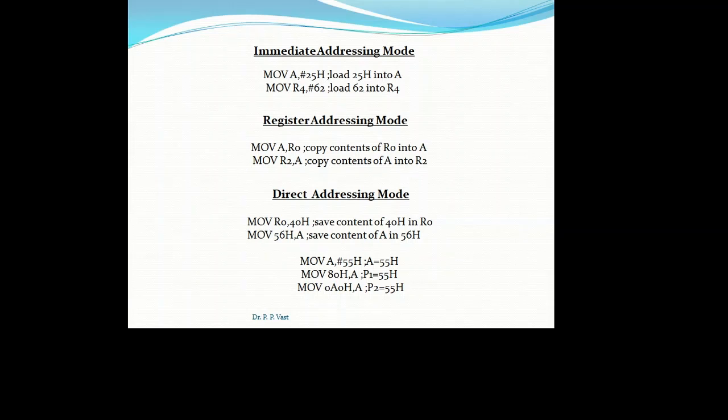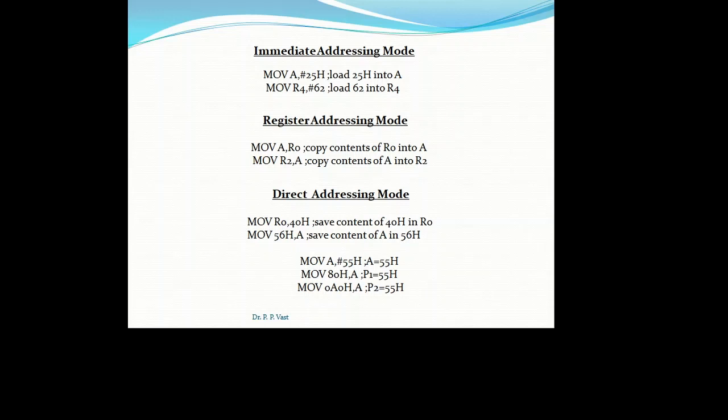So the hash is actually important. Here the hash is not there, which means that is not immediate data, but the address, just the location of the memory where the data is saved.